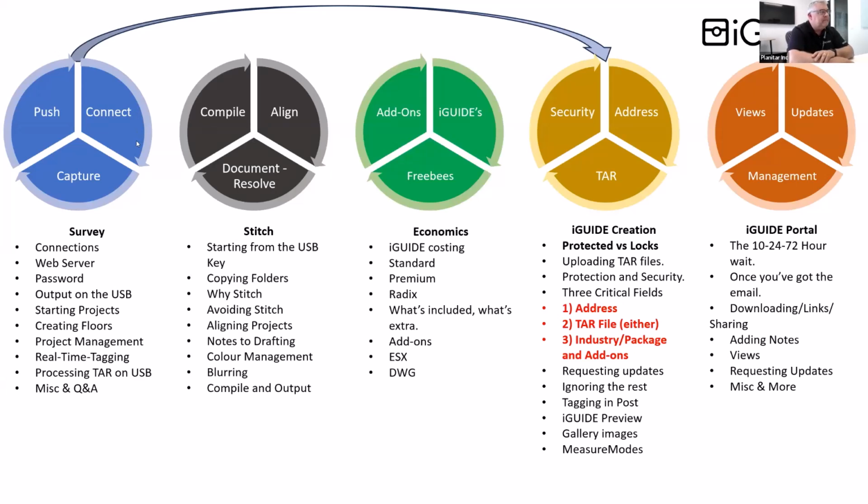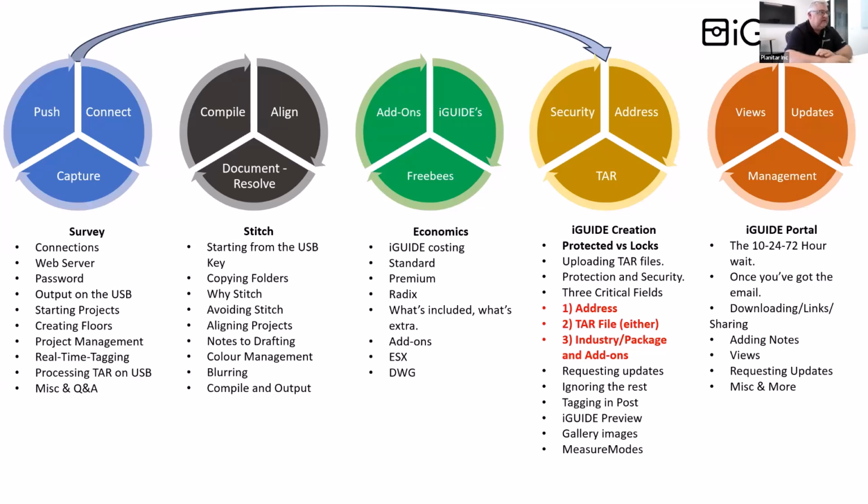You can go from the survey process, by producing the tar file on the camera, straight to creating an iGUIDE with that tar file. You just have to understand what you can and can't do and set your expectations properly. So I don't want to say you can't do it. There are two options: one for basic properties, and one for when you need to do things a little bit differently.